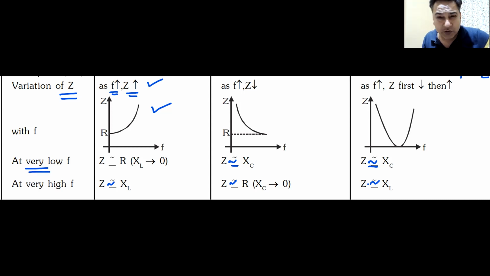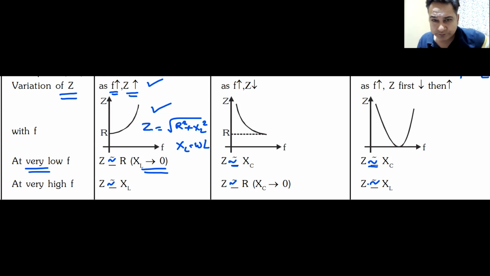At very low frequency, you can assume that XL is 0, so the value of Z is approximately equal to R. Z in this case is equal to the square root of R square plus XL square, where XL is equal to omega L. If omega, or angular frequency, is very low, XL becomes 0 and the value of Z almost becomes equal to R.